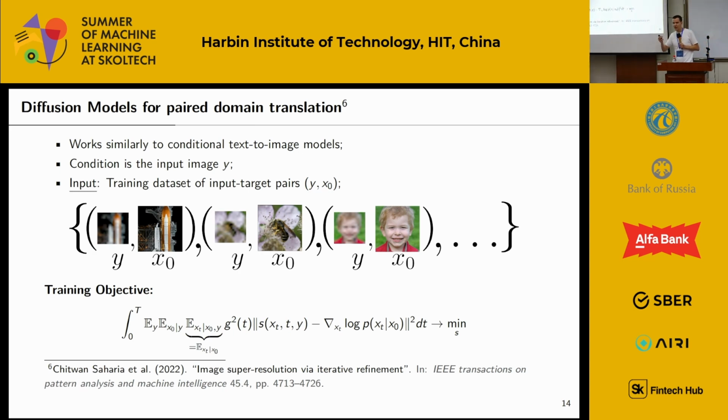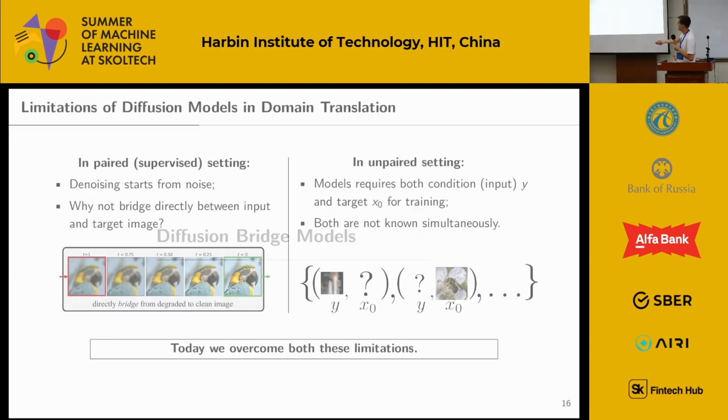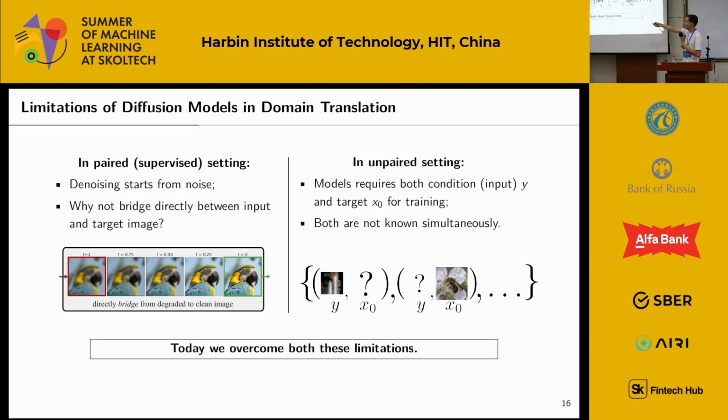In text-to-image problems, we learn a diffusion model which conditions on text, on some condition, and learns to generate data corresponding to this text from white noise by reversing the diffusion process. So we can do the same in the paired domain translation problem. So in the paired domain translation problem, we have pairs of data, for example, a low resolution image and a high resolution image. And we can use the low resolution image as a condition to train our diffusion model to generate a high resolution image, basically. So for example, this is very, very easy.